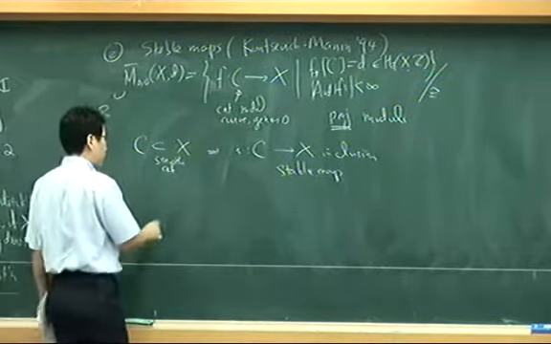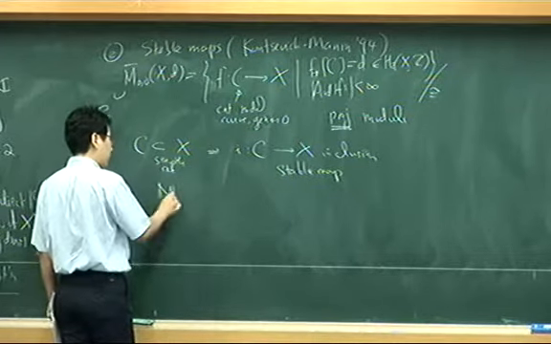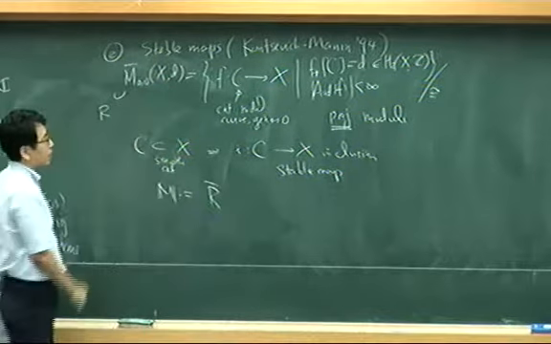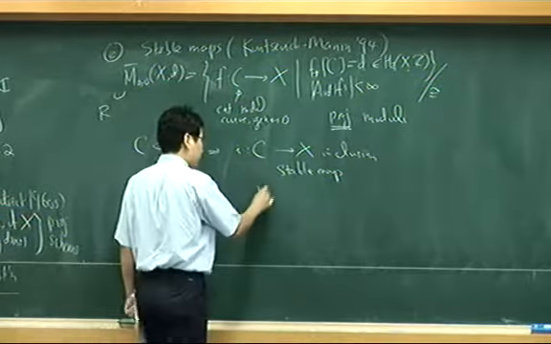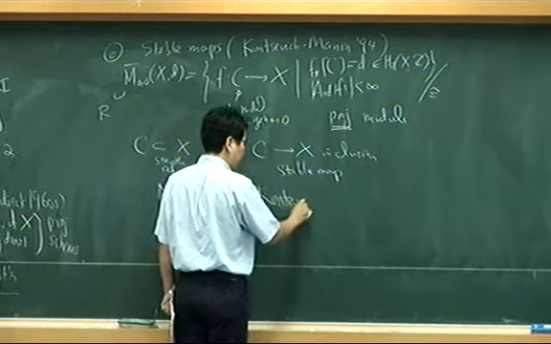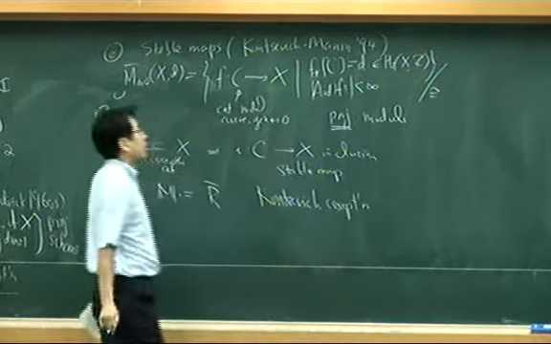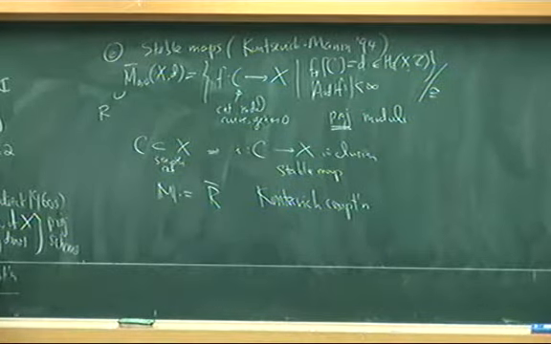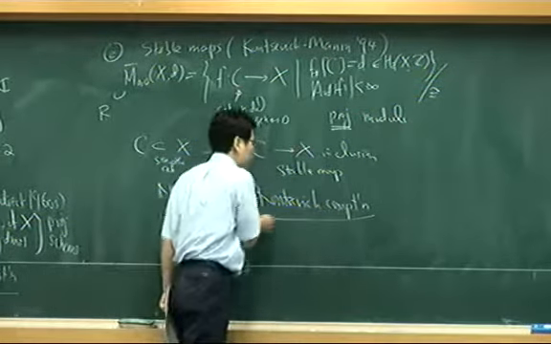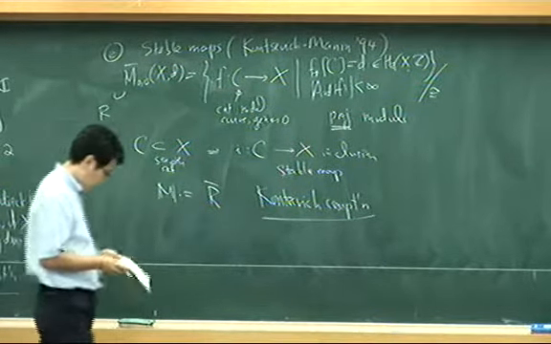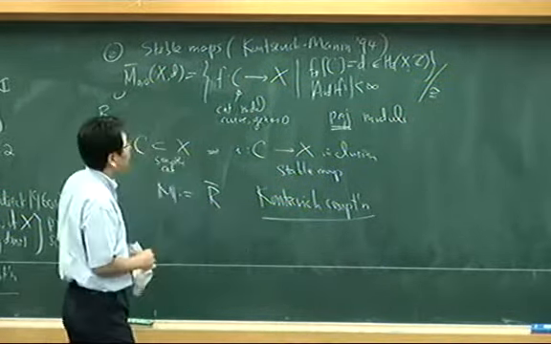Why don't I take the closure here? So let me denote this by M, which is the closure of R inside the stable map space. Let me call this the stable map compactification. So this is another nice compactification of the space of smooth rational curves inside a projective variety.